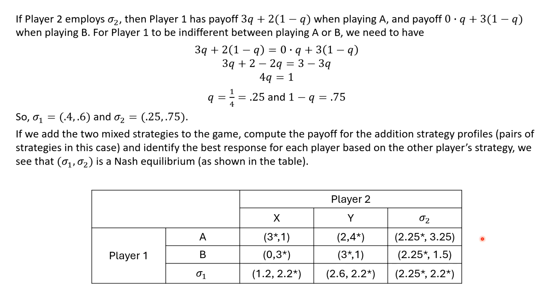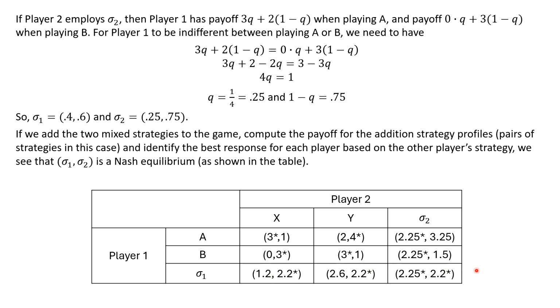Then we do the same thing going for if player 1 plays A, the best strategy for player 2 is 4. Player 1 plays B, the best strategy for player 2 is 3. And if player 1 plays sigma sub 1, again, by design, player 2 doesn't care. It can play X, Y, or sigma sub 2, and you get 2.2 in each case. So we put stars there.